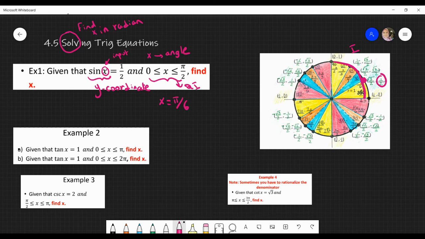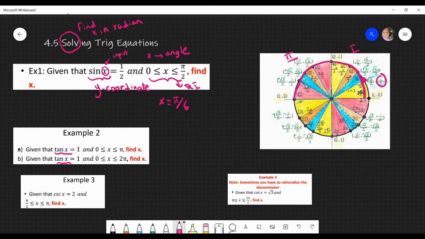It could be a little bit harder when it's not given sine or cosine, but we're given tan, cotan, secant, cosecant, because remember, our building blocks are sine and cosine. But the tan, cotan, secant, cosecant are made of those building blocks. So if I'm solving in the 0 to pi interval, that means I'm solving in quadrant 1 and 2.